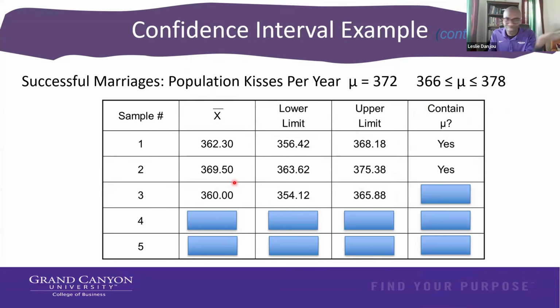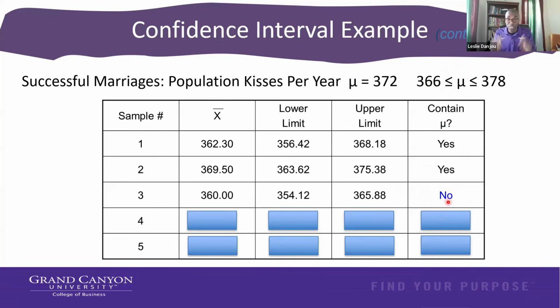But here's something that you may see. I did a third set of couples, and their lower limit is 360. Their upper limit is 365. They're outside the borders. So you will say, look, you guys will not have a successful marriage.